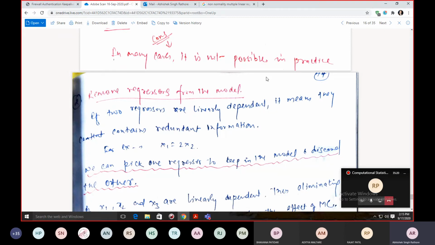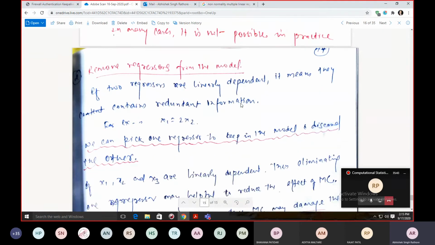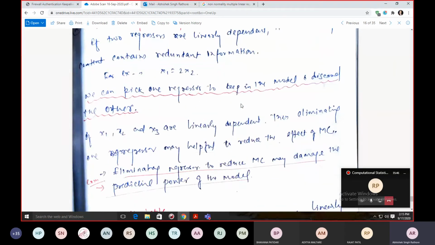Multicollinearity is removed, because x1 represents redundancy in your data. We can pick any one: either take x2 and x3, or take x1 alone. That totally depends on you. Either you can take x2 or x3, or you can go for x1.